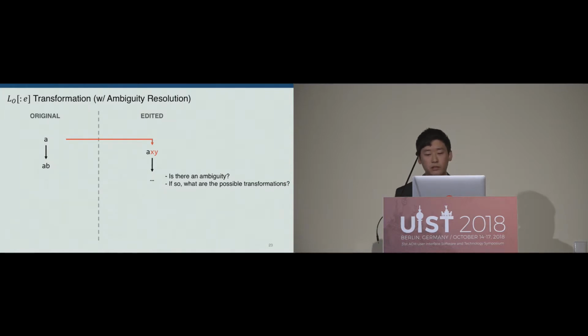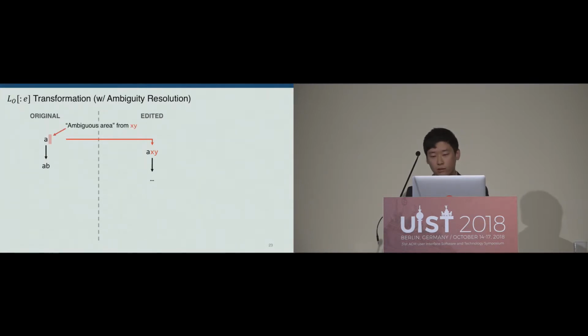So this is the core of this algorithm. How do we detect the ambiguities? And if there's an ambiguity, how do we calculate all the possible transformations for the resolution of that ambiguity? The first step is to mark what we call the ambiguous area in the original version of the screencast.